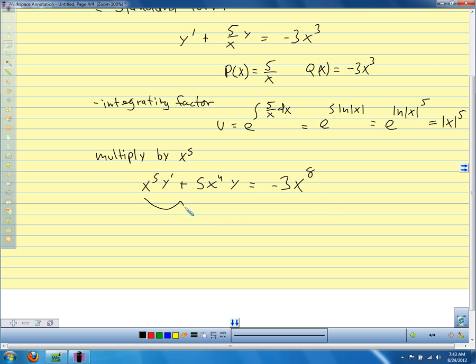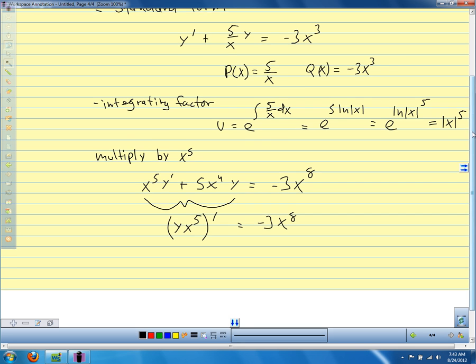This quantity, how can I rewrite this? I'll just write it in the opposite order. y x to the fifth, prime. That's the derivative of y x to the fifth. Equals minus 3x to the 8th.